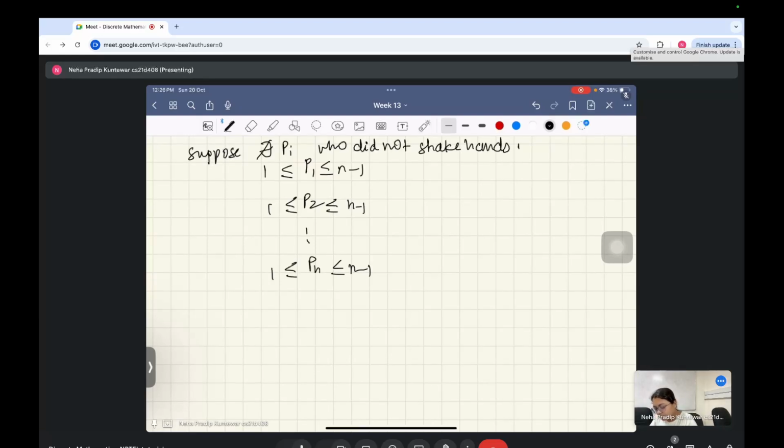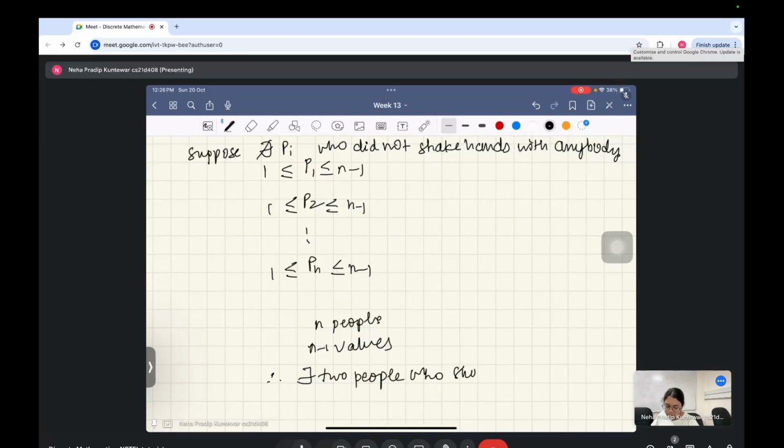Then again there are n people and there are only n minus 1 values. Therefore there must be 2 people who shook hands with the same number of people.